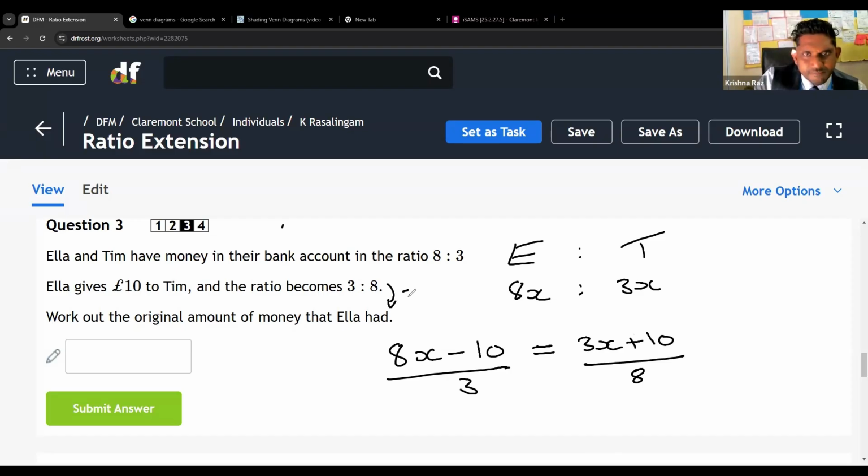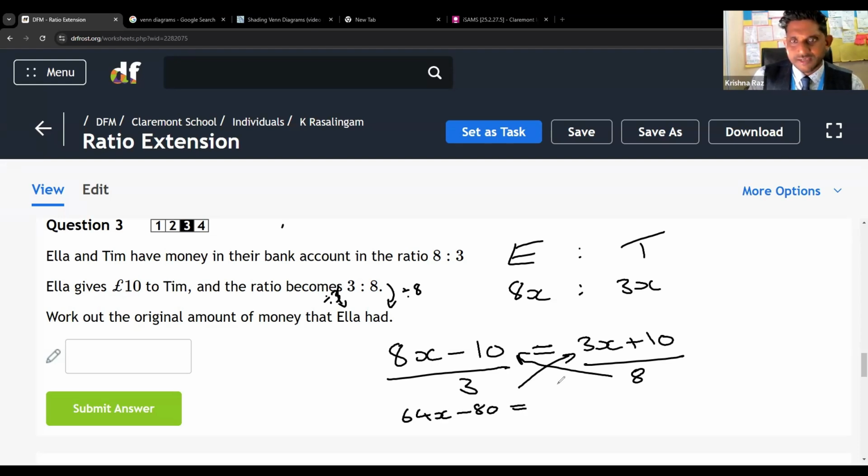Because if I divide that by 8 and divide that by 3, we get the same amount, and technically we've used that information to create an equation. So if I cross multiply and solve this, I need to times that by 8 and that by 3. 64x minus 80 equals 9x plus 30. So 55x equals 110, x equals 2.